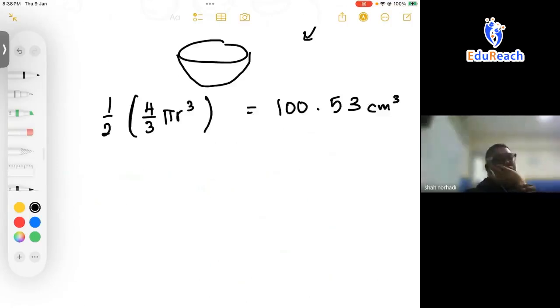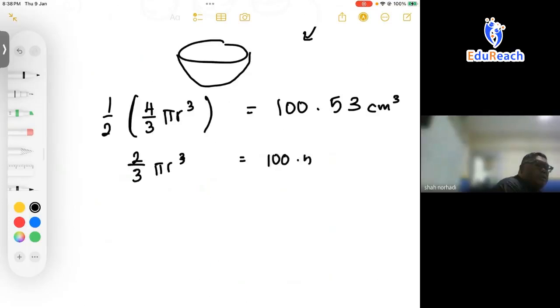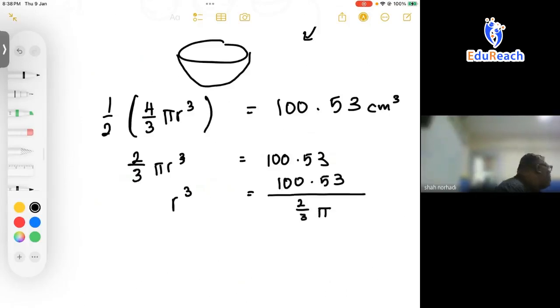Okay, I'm going to give you some time to actually work it out. So half times 4/3 will just give you 2/3. So what's next? Understand this part? I move the 2/3 and the pi, so I will have r cubed.